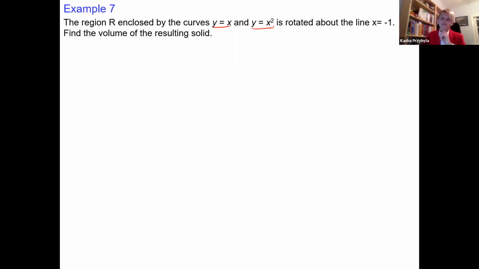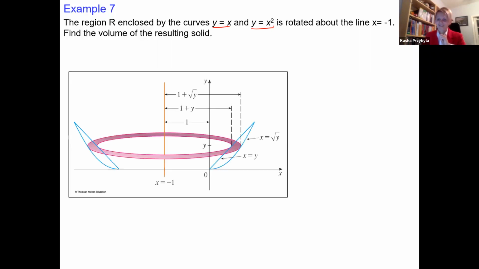Oh, I do have it. Let me show you. Okay, we have the blue part. We have the rotation line, -1.